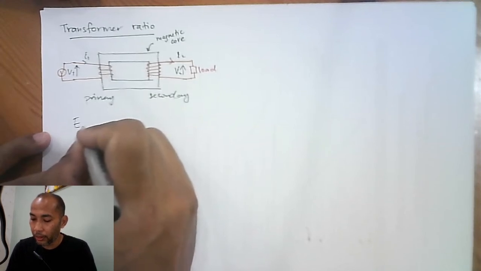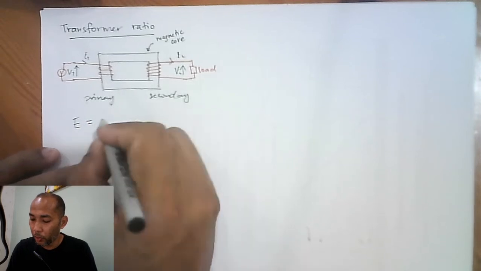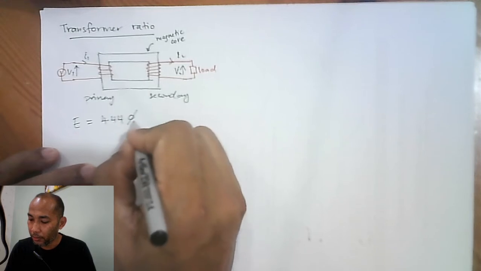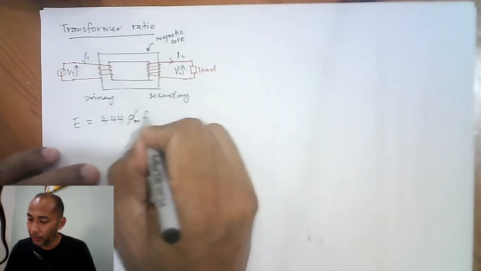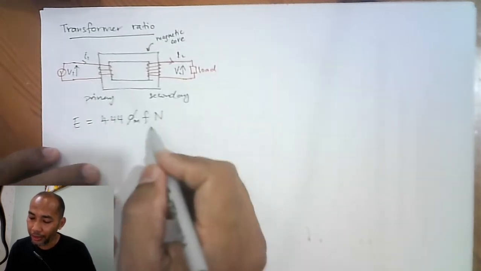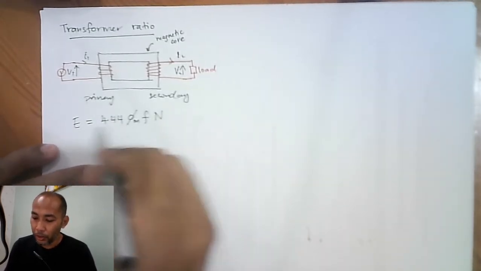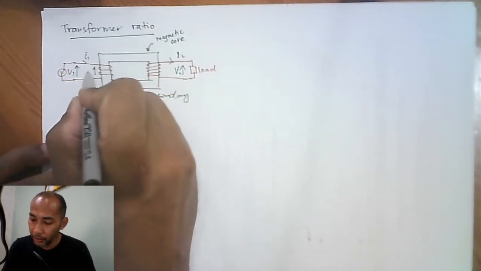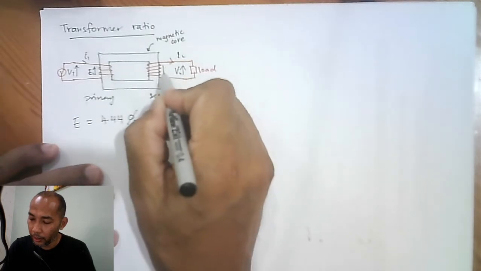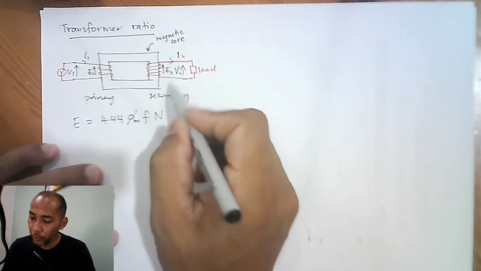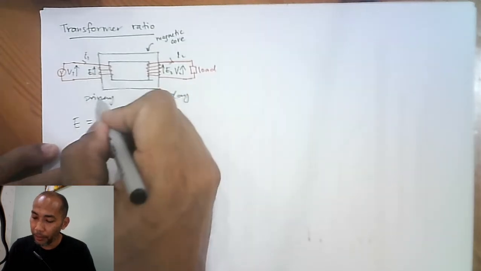Let's recall the previous equation. EMF is equal to 4.44 times flux maximum times frequency times number of turns. This equation we already derived in the previous video. This is for E1, the primary, and E2 is for the secondary.